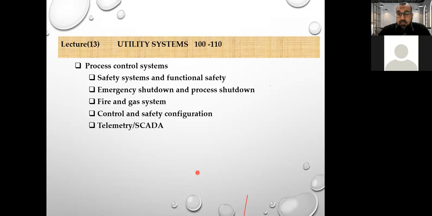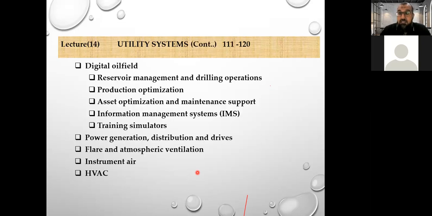Then the last lecture will be the utility system. And this is common for all, for upstream and downstream and midstream. The utility system includes process control system, how to control this plant, like digital oil field, like power generation, like flare, atmosphere, like instrument air.